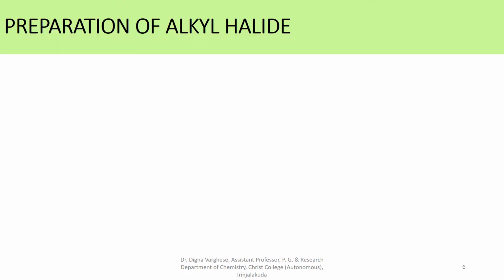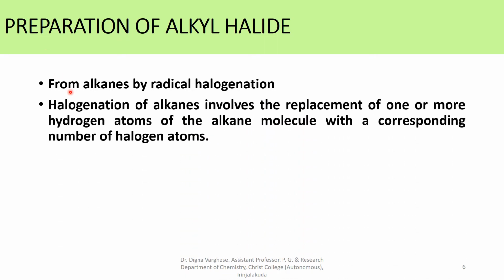Preparation of alkyl halide. The alkyl halides can be prepared from alkanes by halogenation under suitable conditions. The reaction is an example of radical halogenation because it involves a free radical mechanism. Halogenation of alkanes involves the replacement of one or more hydrogen atoms of the alkane molecule with a corresponding number of halogen atoms.